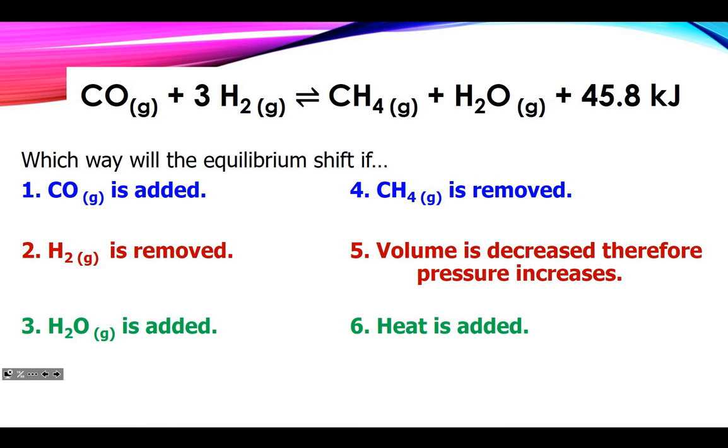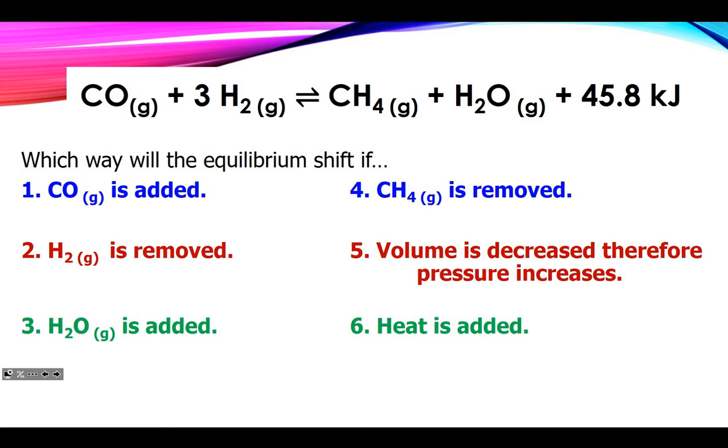I'm still confused on how to memorize that when the volume is increased, the pressure is increased, and that goes towards the less. So if the pressure is increased, I'm squishing things together. And when I squish things together, they combine. Okay? That's when I go to the side that has the least amount of moles of gas.